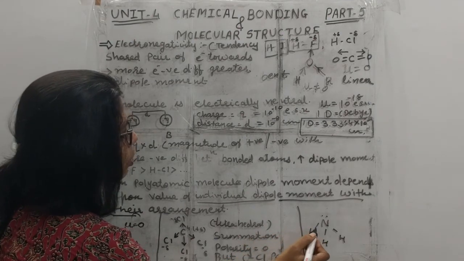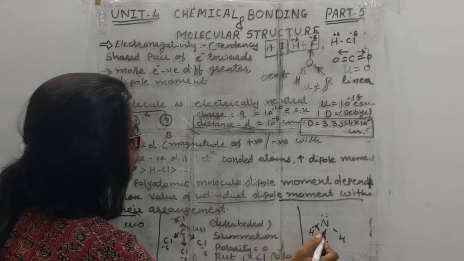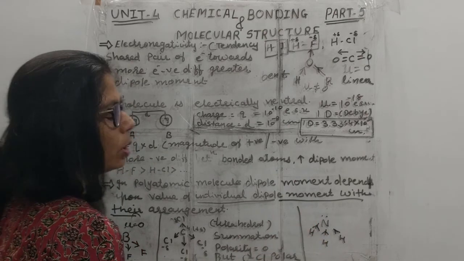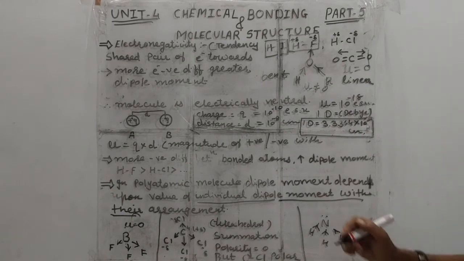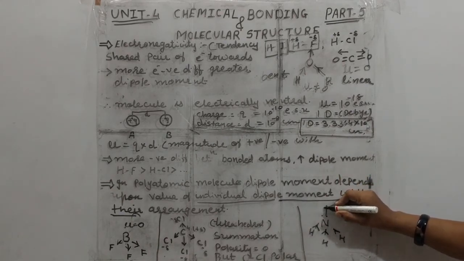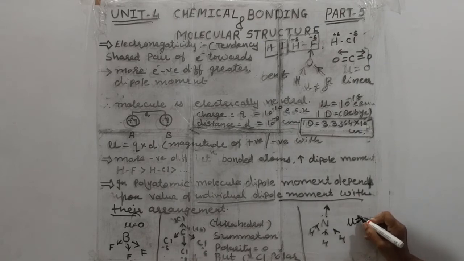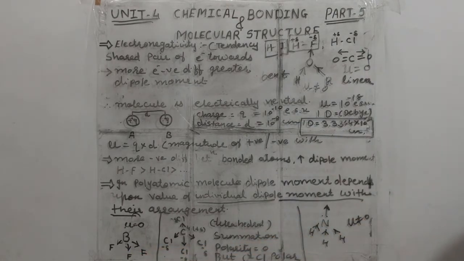So what does the nitrogen do? Nitrogen is more electronegative, so nitrogen attracts the electrons from the hydrogen, and this non-bonded pair also does not take part. So here the dipole moment mu is not 0. Mu is not 0, while for BF3 the value of mu is 0.